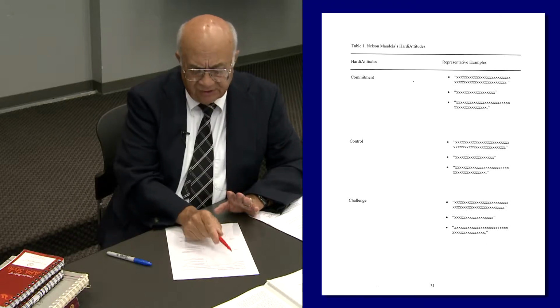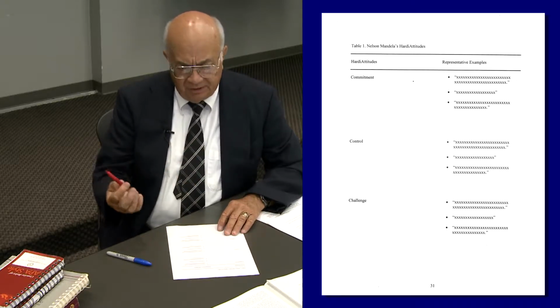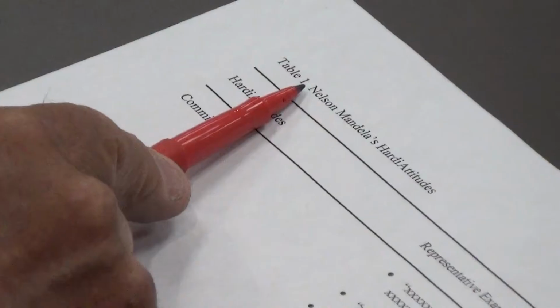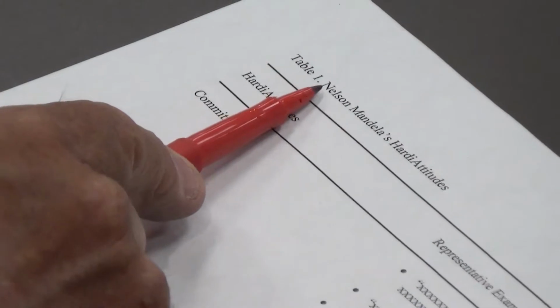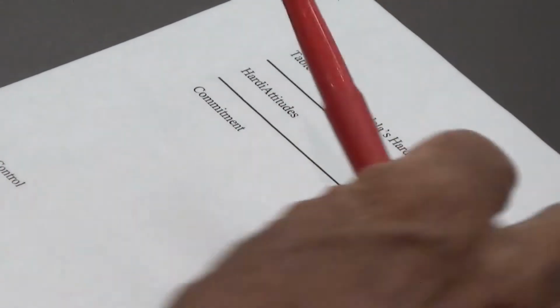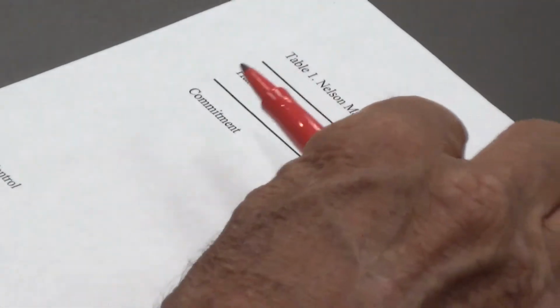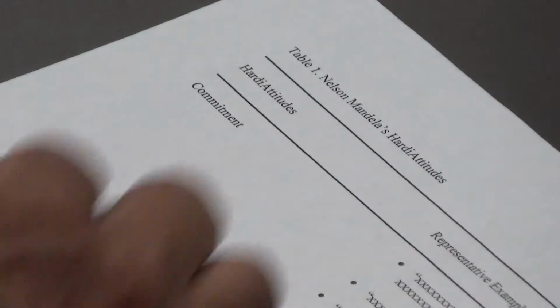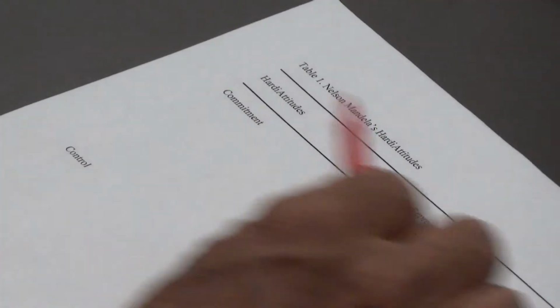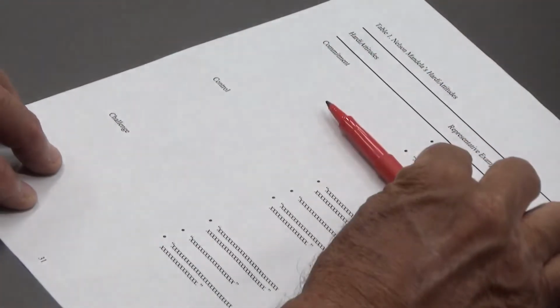Now in this case, this would have been an example of how, if you were studying Nelson Mandela's hardy attitudes, we give it a title that's appropriate: Nelson Mandela's Hardy Attitudes. So we know this is about his hardy attitudes. The three hardy attitudes are commitment, control, challenge. So we've got the hardy attitudes here, and we want representative examples. So now we know that going down this column will be examples of these.